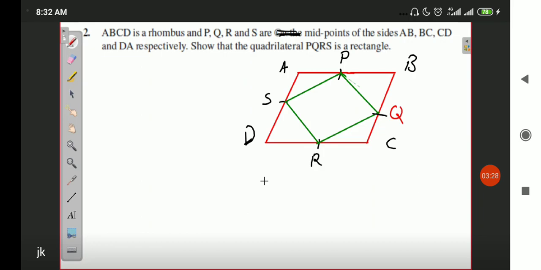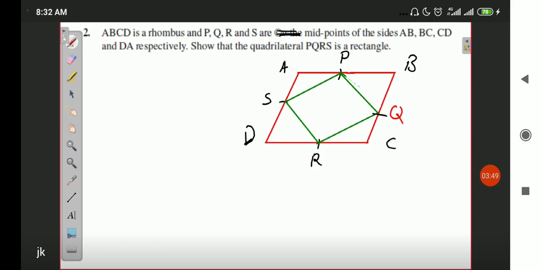The second part will be to prove that this parallelogram PQRS is a rectangle. As per me, I know 3 methods of doing that. I will be explaining all 3 methods to you, but I will work out only one of those 3 methods.